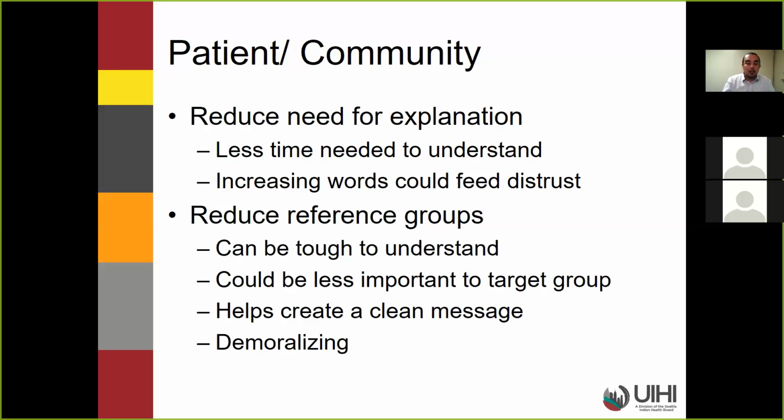And it can help create a nice, clean, concise message, which is very important when attempting to communicate with people. Also, for quite a few AIANs, there's an expression of feeling demoralized. If we're constantly hit with the same message of AIANs being X% worse than non-Hispanic whites or any other reference group, that can get very tough over time, constantly feeling like you're underperforming.